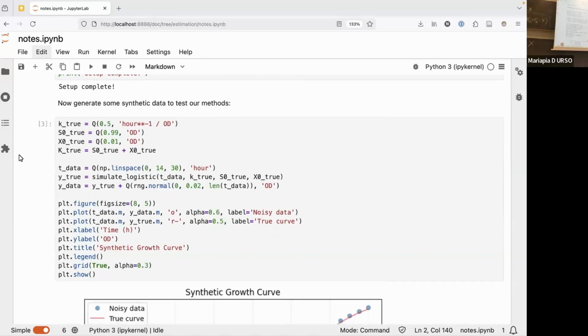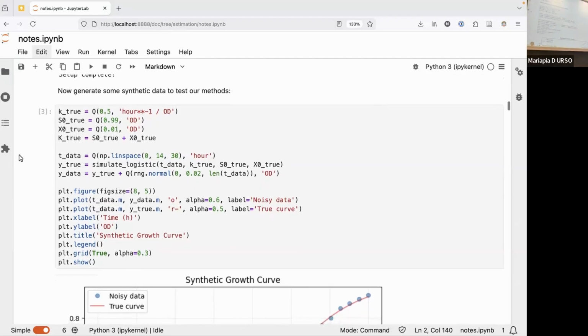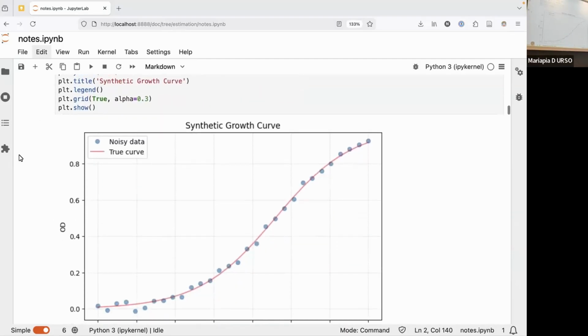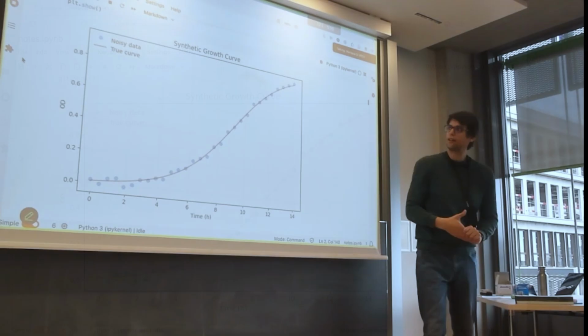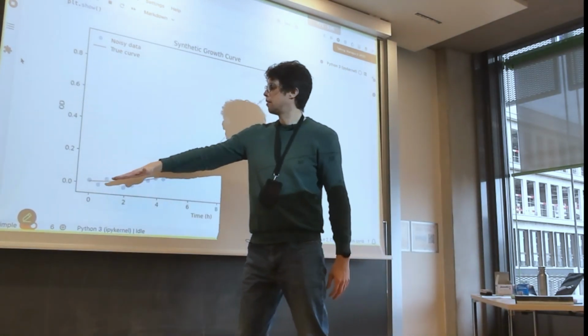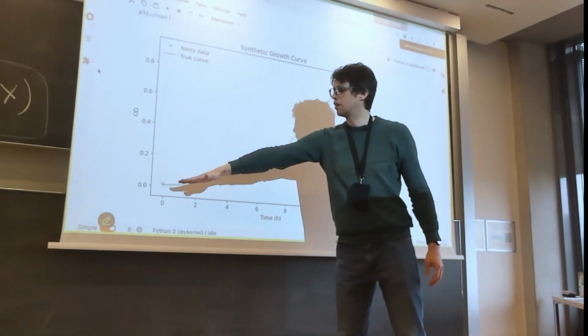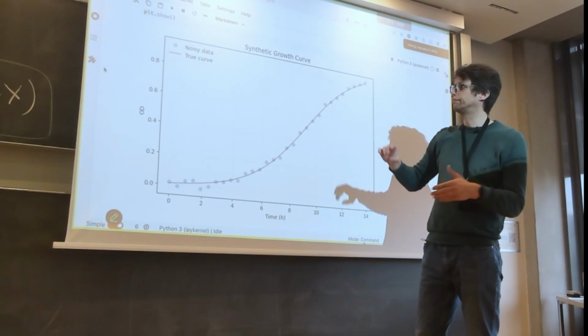So in all the code, I put units attached to it. So here, for example, when we create the synthetic data, we're taking a true k, and this is 0.5 per hour per OD, optical density. X0 has optical density. S0 has OD equivalence as well. And then with this, we can simulate some data. So this continuous curve is the solution of the ODE.